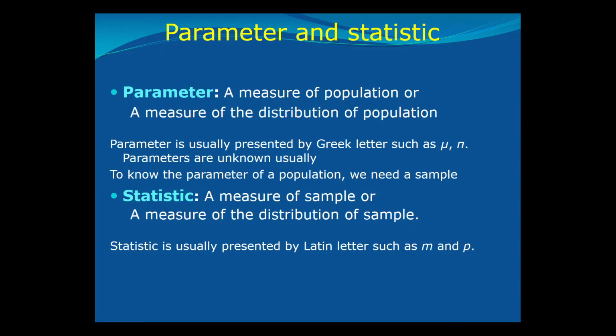Statistics concerns the sample, and it is a measure of sample or a measure of the distribution of sample. Statistics are usually presented by Latin letters such as m small, p small, and so on. So if you see Greek letters in statistical papers, this concerns the population. If you see Latin letters, it concerns the sample.